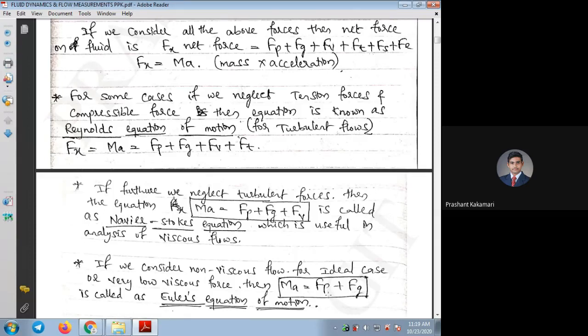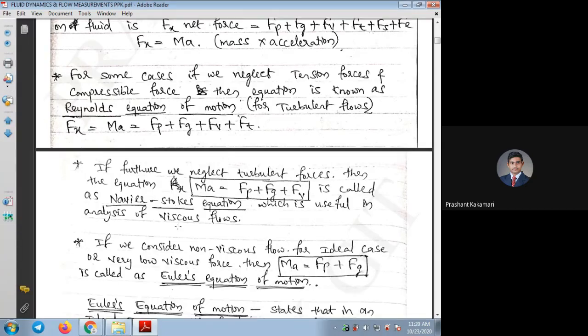Only these two we are going to consider, and we will analyze Euler's equation in detail. Later, after integrating the given equation, we are going to find Bernoulli's equation. So these two equations we are going to consider in this fluid dynamics topic. Later, in advanced topics in different subjects, we may discuss the Navier-Stokes equation or the Reynolds equations, but not in this subject.